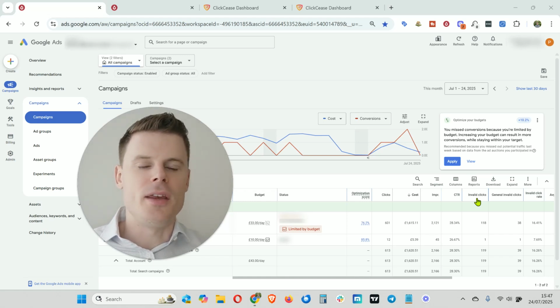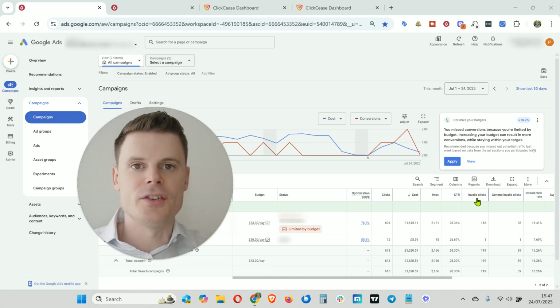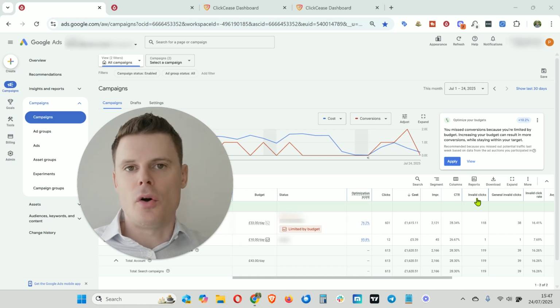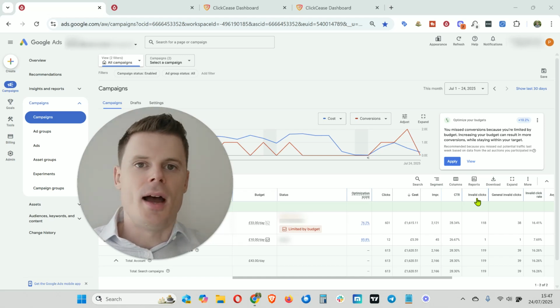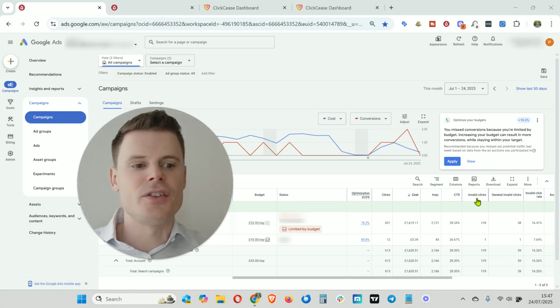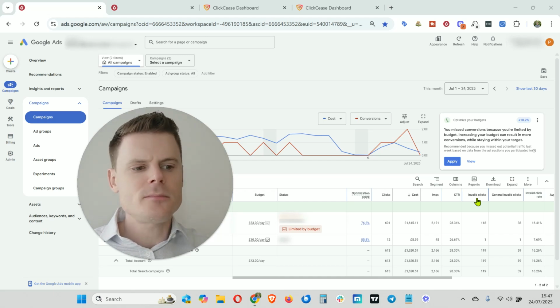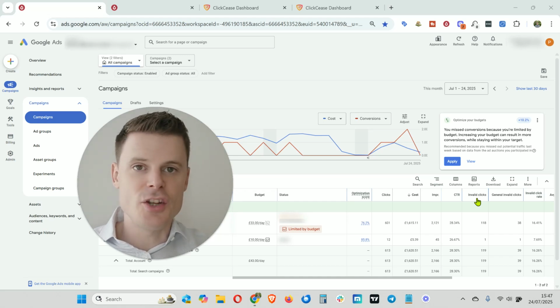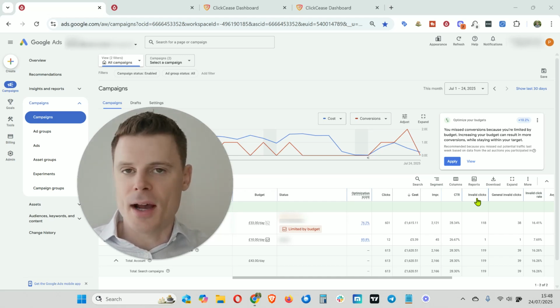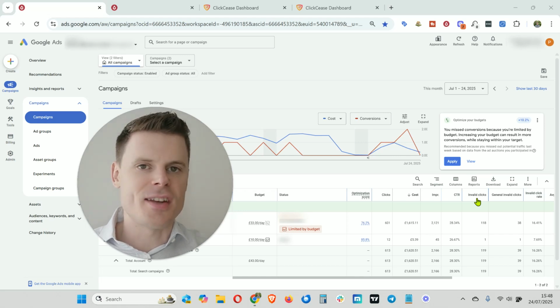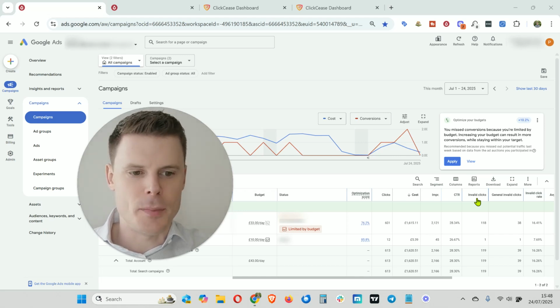And so the malicious actors who carry out these clicks on ads, they have ways of changing their IP address, using VPNs in order to get around Google's safeguards and continue to waste advertisers' budgets. So it's very important to be vigilant in your account or the account of the customer that you're working for, and look for any anomalies in the account, anything that stands out as being suspicious.